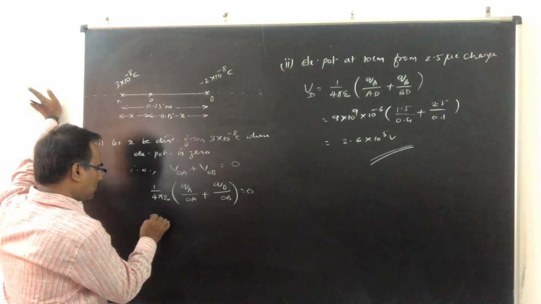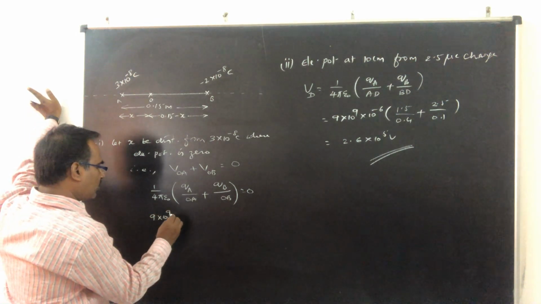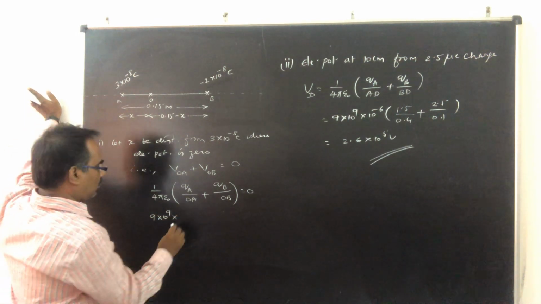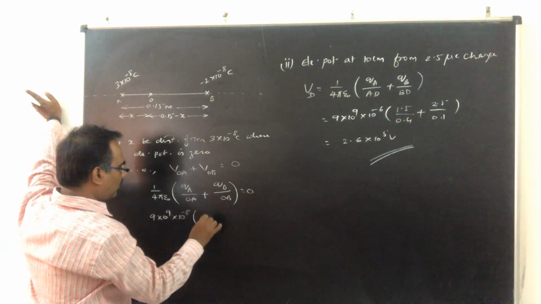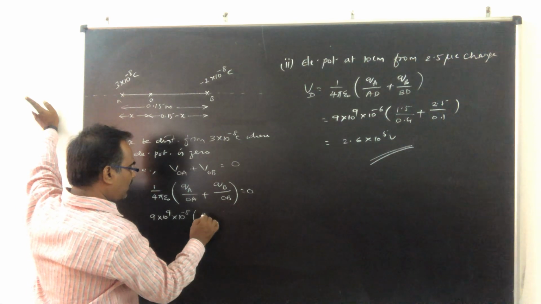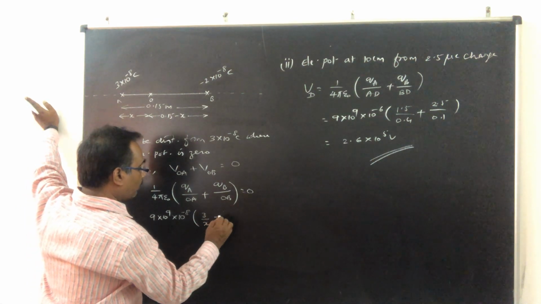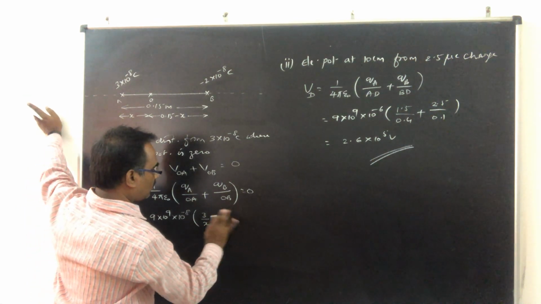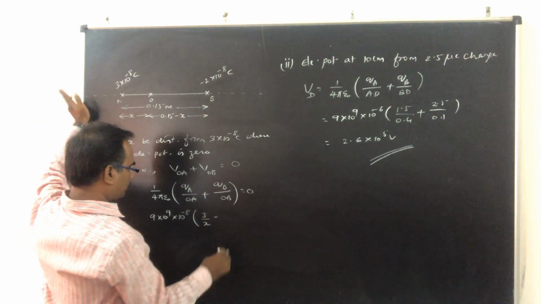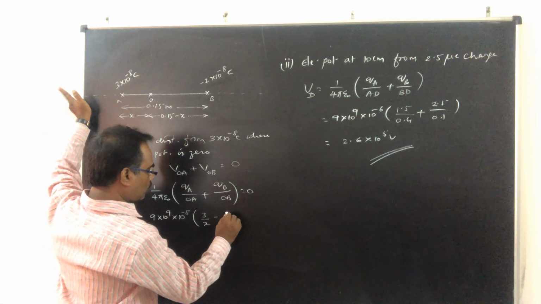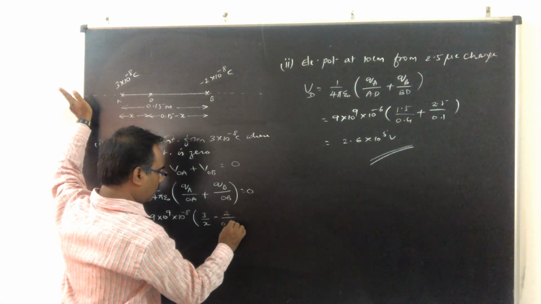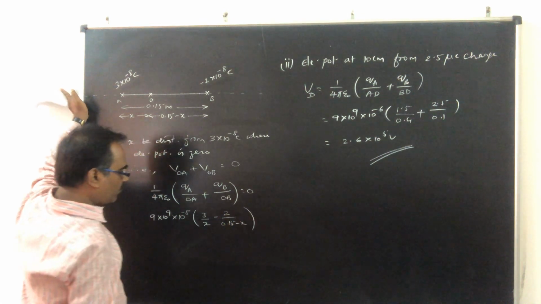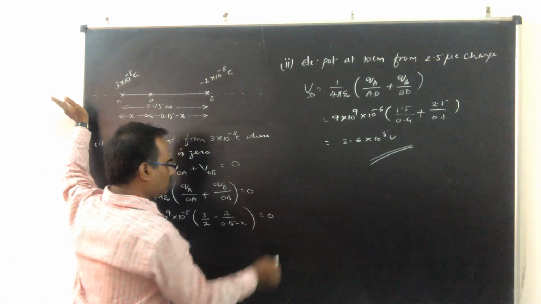Now this is 9 into 10 to the power of 9, and this 10 to the power of minus 8 is common, so this is 3 divided by x minus 2 divided by 0.15 minus x, equal to 0.